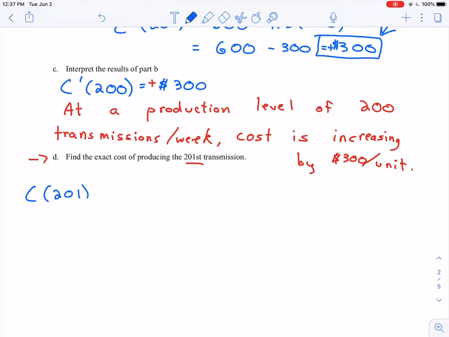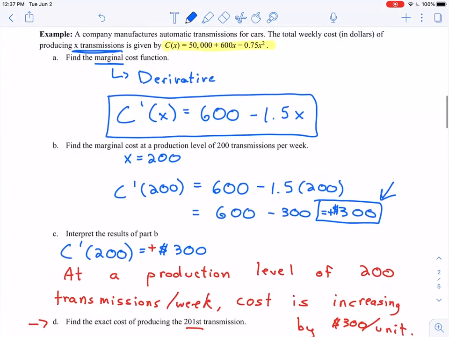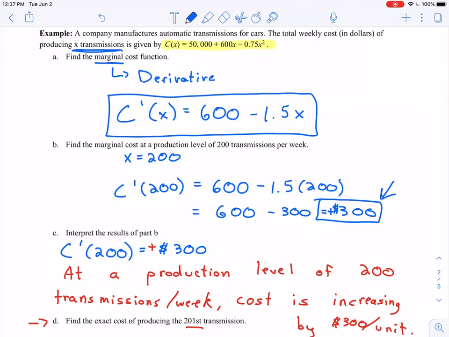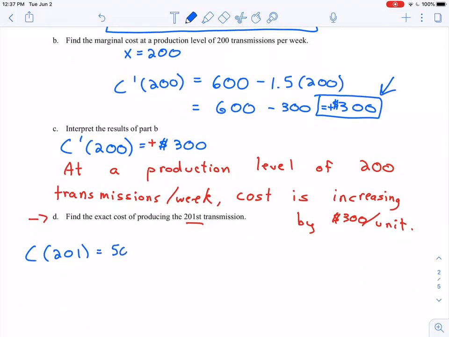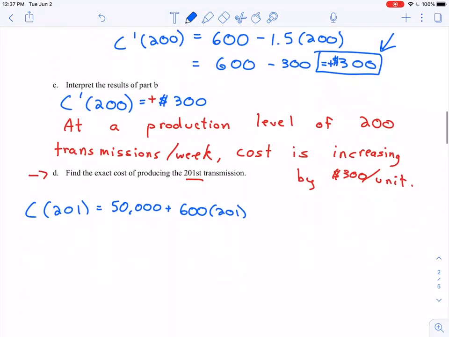So C of 201, let me look at my cost function here. We said 50,000 plus 600x, so this is 50,000 plus 600 times 201 minus 0.75 times 201 squared. Here it might be helpful to get your graphing calculator out.